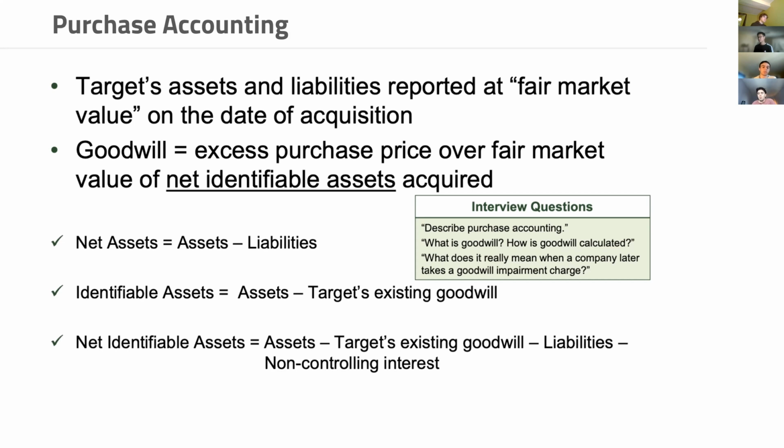This is a more granular topic, and one I remember being confused about early on. There's this difference between the price being paid for the company and the value of the net identifiable assets on the company's balance sheet.